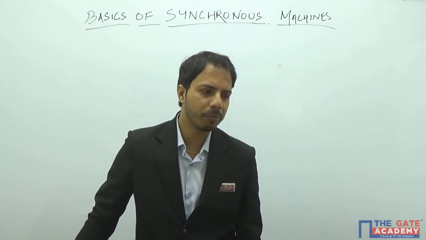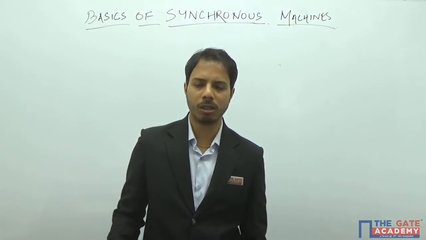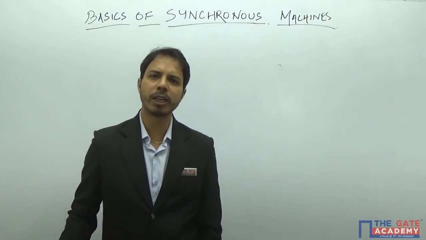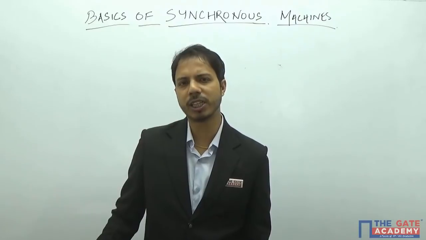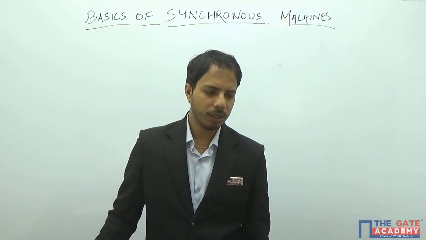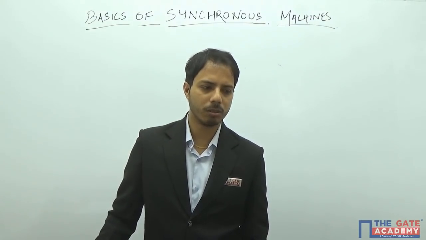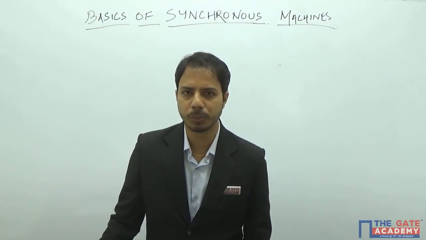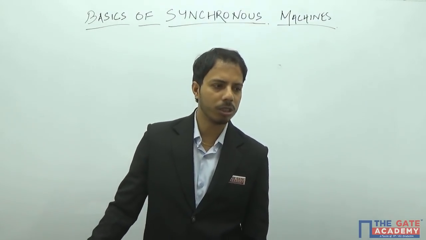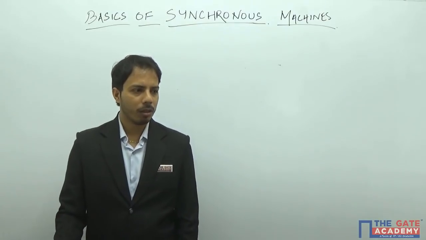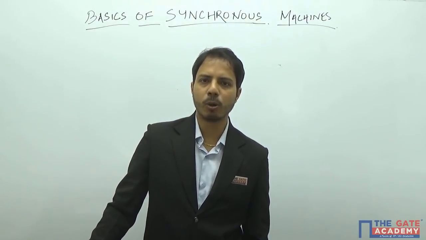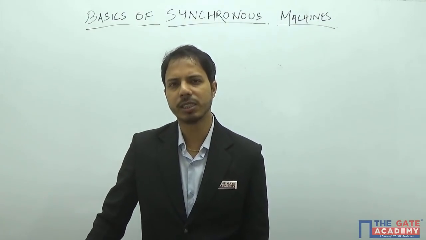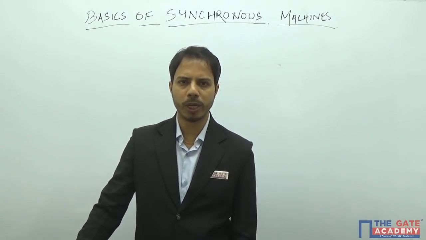Now there are some prerequisite topics which you should know before looking into synchronous machines, which I have covered in earlier videos, like what is the rotating magnetic field and what is synchronous speed. We should know that a rotating magnetic field can be produced by a polyphase supply and polyphase winding.